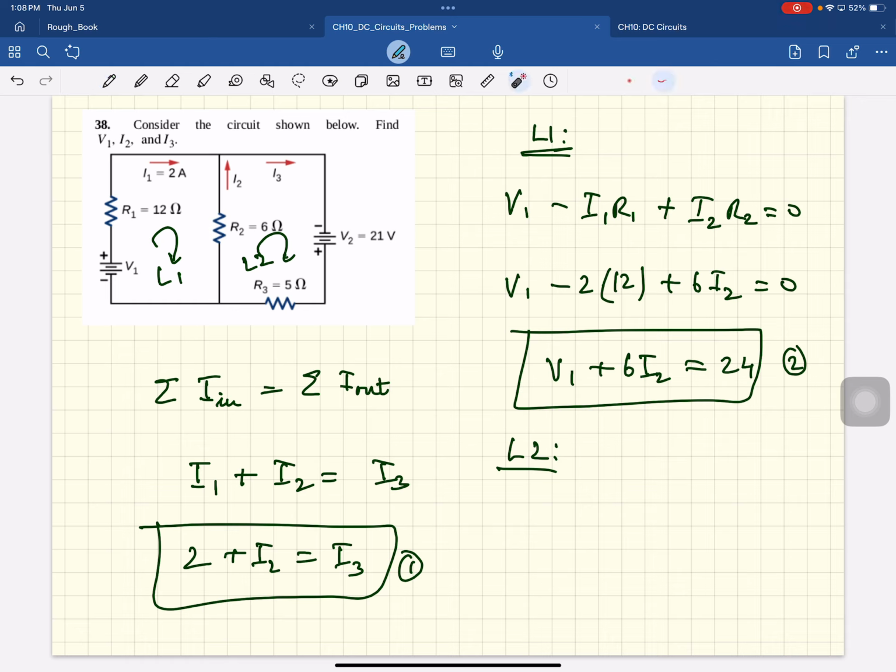Okay, loop 2. Does it matter where you start? No. Okay, we'll start here. We'll go across. What is this? Plus V2. Then you're going with the current, so that's minus I3R3. And then you're going with the current, so minus I2R2.